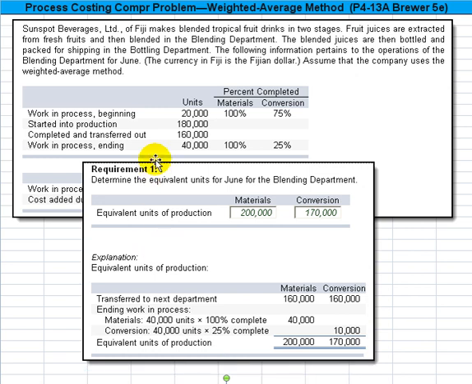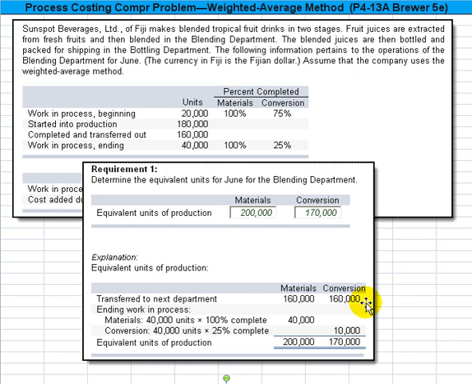If we look up here, we said what was transferred in, 160,000 in work in process, and ending was 40,000, so we've got 200,000 in total to account for. So 160,000 and 40,000 materials make up the equivalent units of production of 200,000. As to conversion, we know that we transferred to the next department 160,000 units, so it's 100% complete.